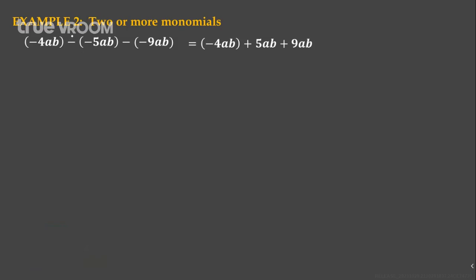Because negative, change this one to plus. Negative 5, change this to positive 5. Minus, change to plus. Negative 9, change to positive 9. Next, we are going to combine the coefficients. Proceed, Ramida. Combine the coefficients.